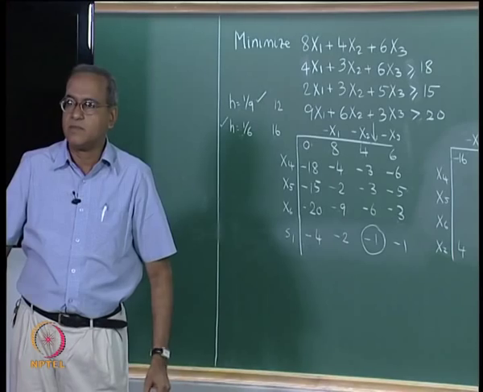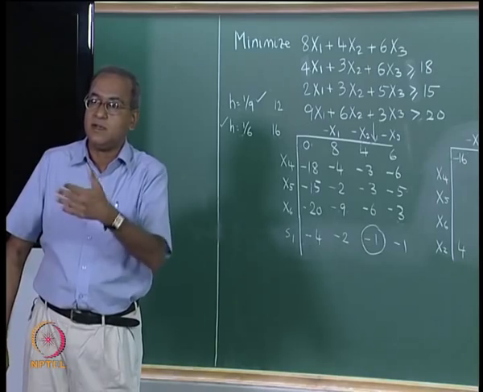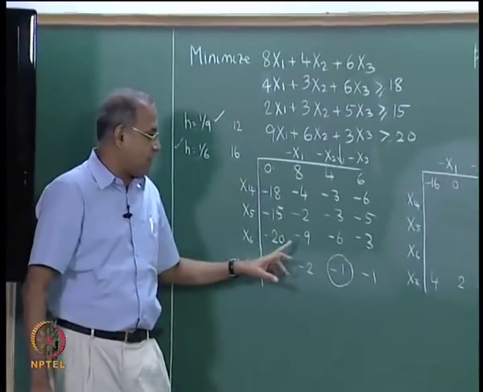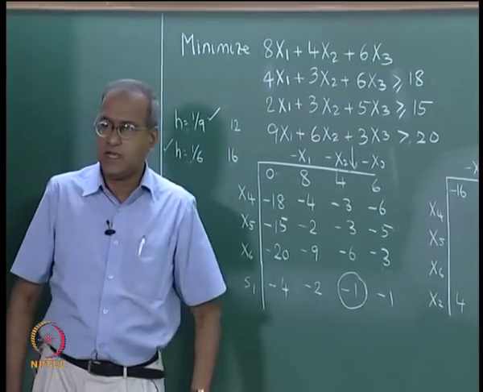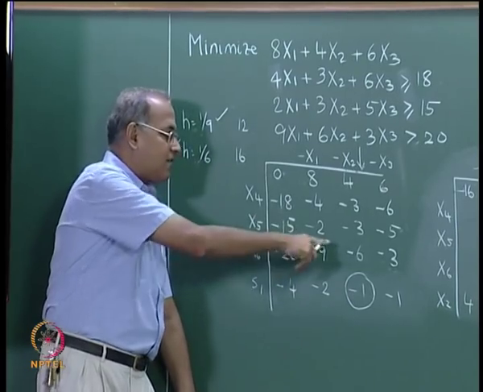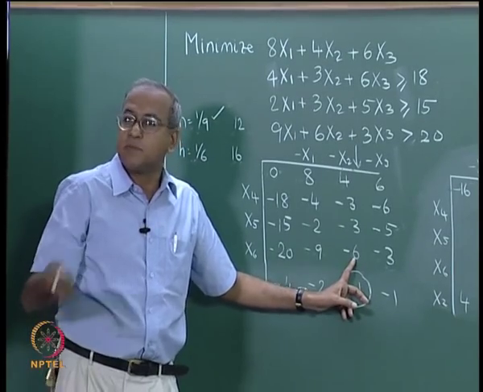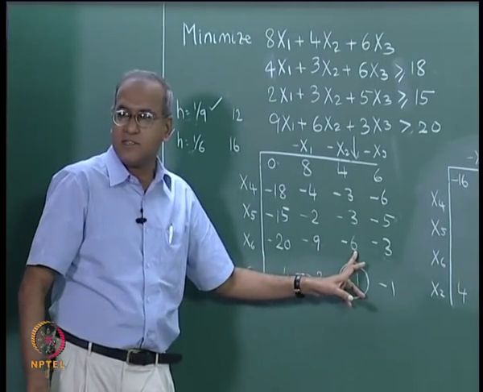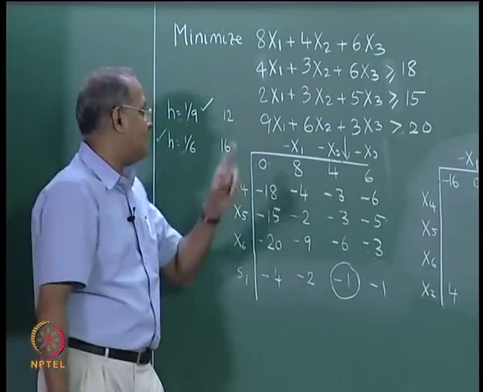So, a simpler computation would be that the computation should also be able to do 2 things. If we take simply these are the negatives, and therefore, we could say 1 by 9, 1 by 6, 1 by 3, and suppose we take the smallest of them as a thumb rule, that would lead us to 1 by 9 with this. Whereas, we know that we have a way by which we could actually do this and get a 12, which is preferred to doing this to get a 16, which is preferable compared to pivoting on this and getting a 1 by 9 for h and getting up to 12.